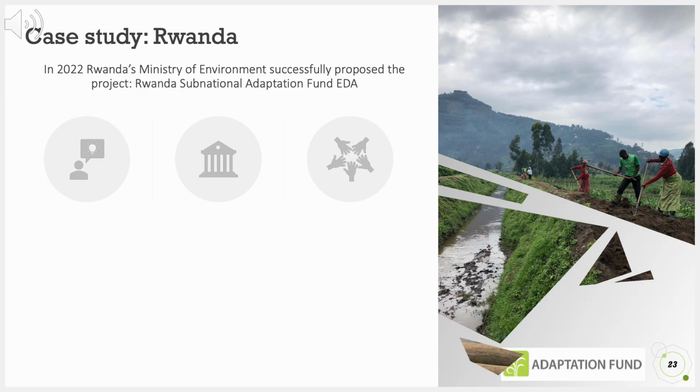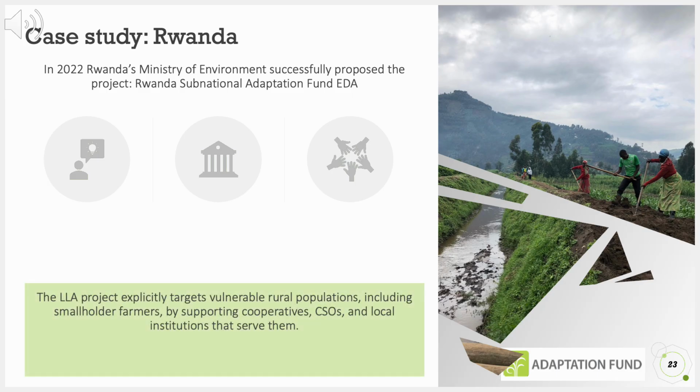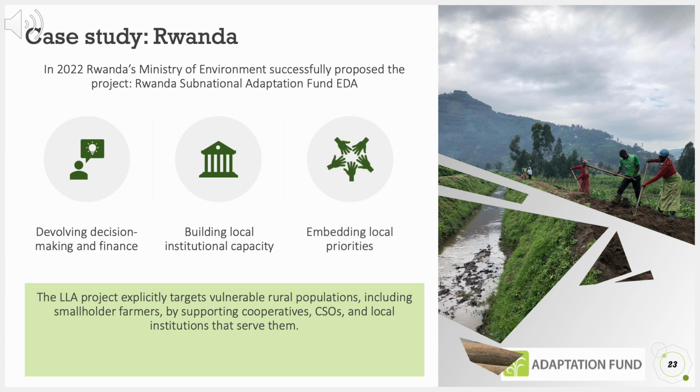The LLA project explicitly targets vulnerable rural populations, including smallholder farmers, by supporting cooperatives, CSOs, and local institutions that serve them. Key elements are devolving decision-making and finance to the local level, building local institutional capacity, and embedding local priorities.